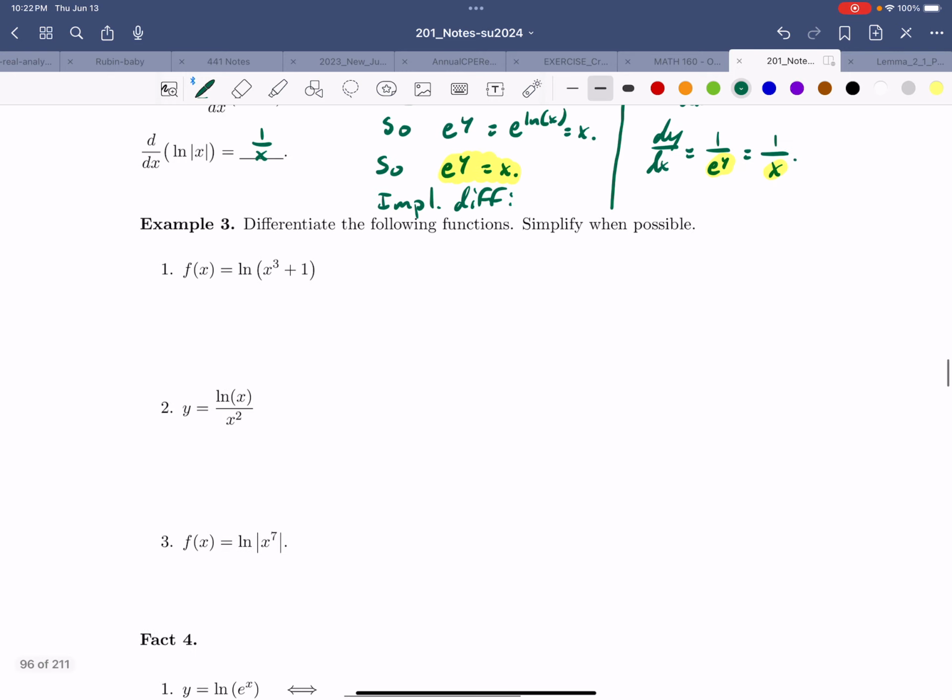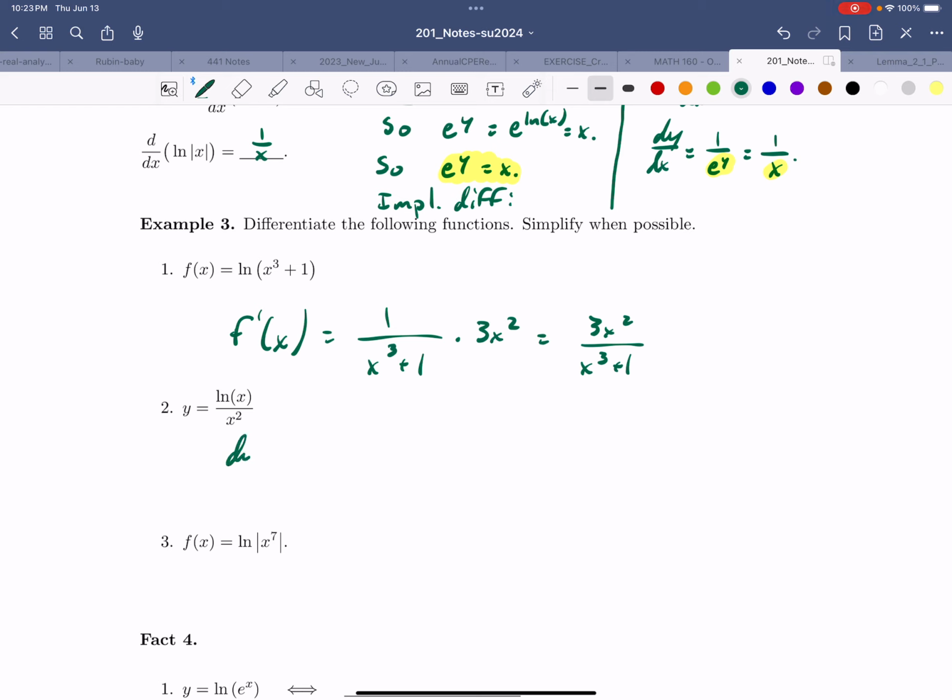Okay, so now that we know that, let's do a couple of derivatives. Well, we have f of x. F prime of x is going to be 1 over the inside, leave the inside the same, times the derivative of the inside. If you want to simplify that, of course you can, and should if it's not too much trouble. Here, nothing lovely.